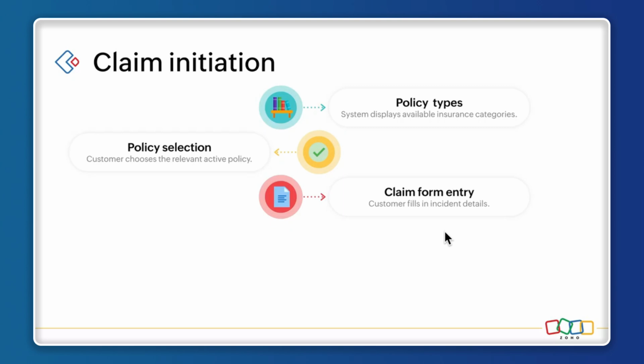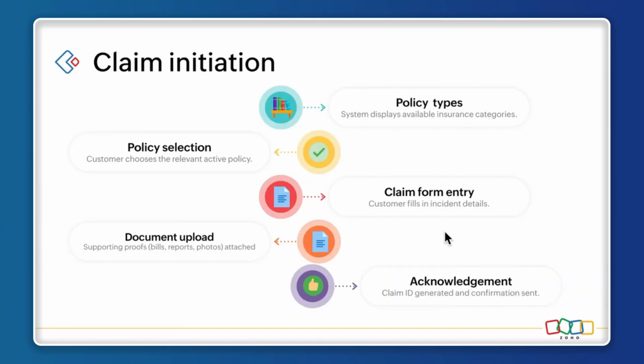So the customer has to fill the incident details in this claim form entry, and then they have to upload all the supporting documents like the bills, reports, or photos, etc. Once the claim is submitted and the documents are uploaded, we will generate the claim ID, and we'll acknowledge both the insurance company and the policy holders about the claim that has been submitted. So this is the claim initiation step.